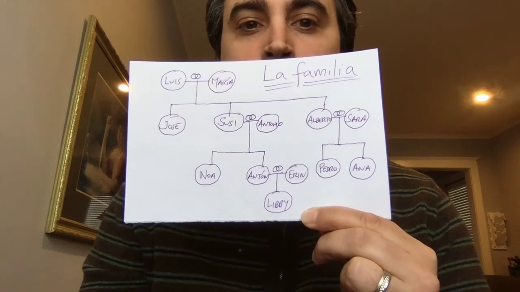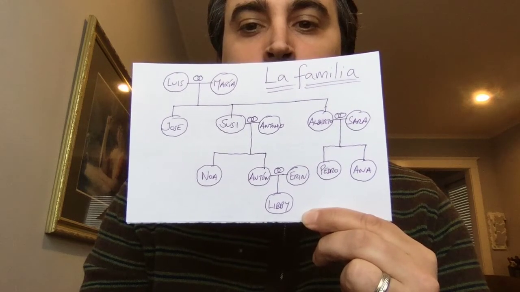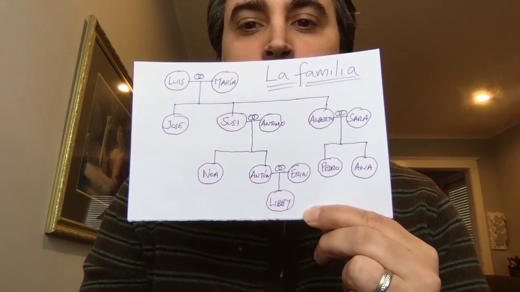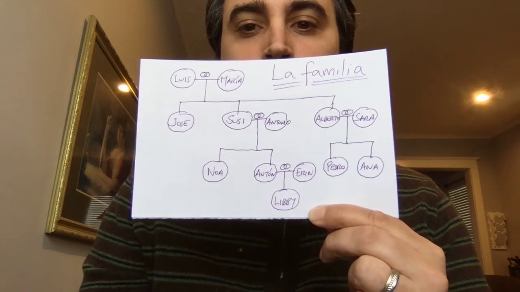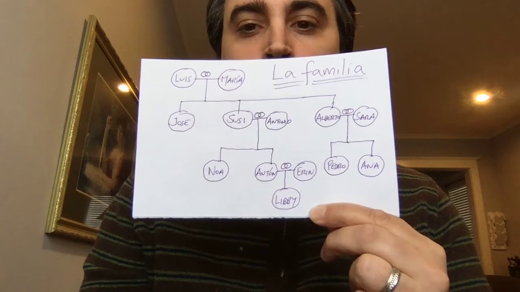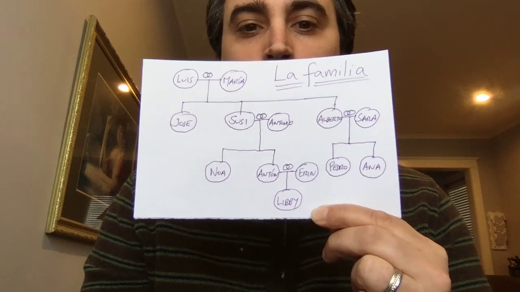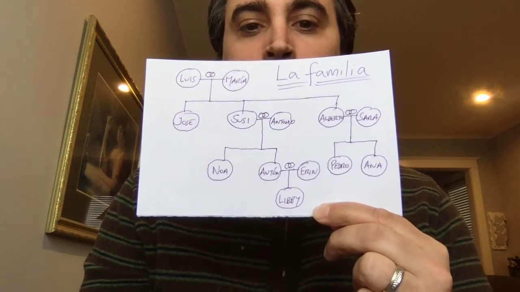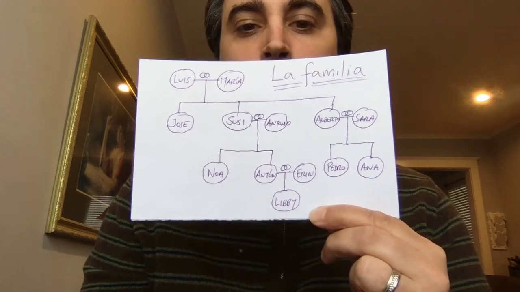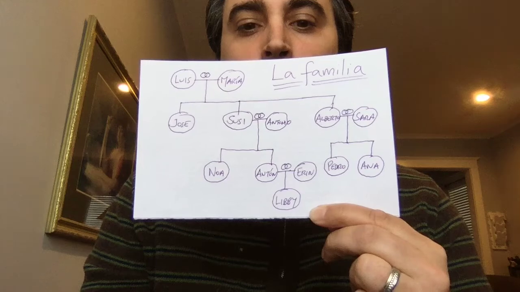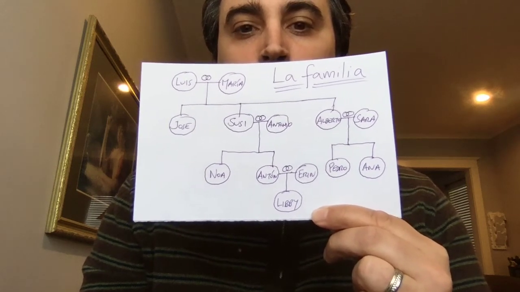Luis es el abuelo de Antón. ¿Quién es Alberto? Alberto es el tío de Antón. ¿Quién es Noah? Noah es la hermana de Antón.